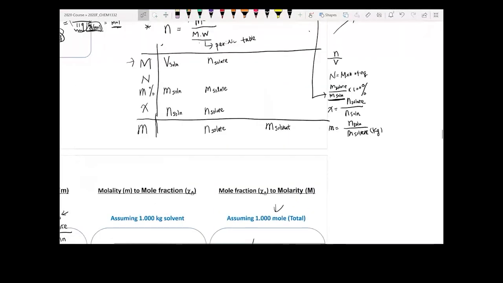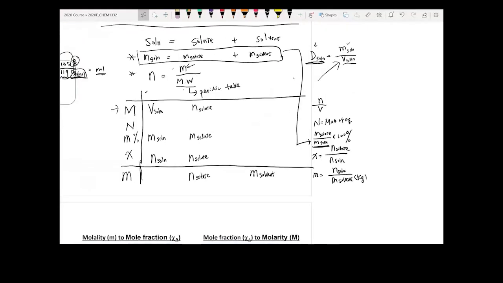The rules you use are summarized right here. The first one is that mass is always conserved: the mass of your solution is equal to the mass of solute plus the mass of your solvent. The number of moles is always calculated from the mass divided by the molecular weight of that species, where the molecular weight is obtained from your periodic table. For these 4 concentration terms, it is always the amount of solute divided by a property of your solution, either the volume, the mass, or the number of moles of your solution.